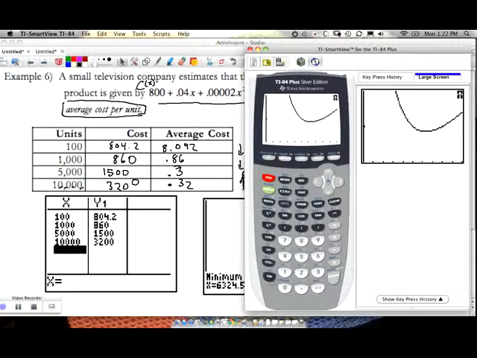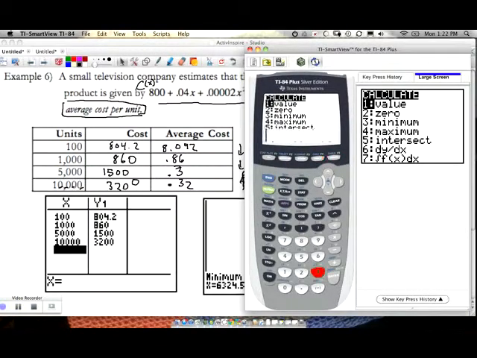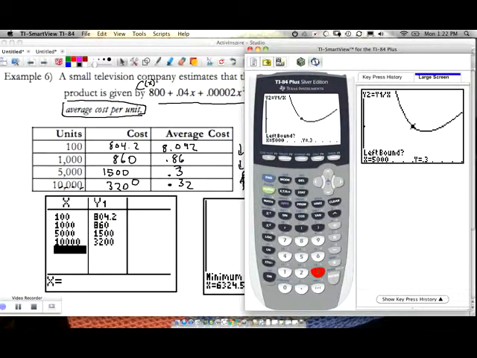We'll go 7,000 for the right bound, just like we did before, and we'll guess that's about 6,000. 0.2929. So that's an even better picture. We'll put that on top of this one. There we go.